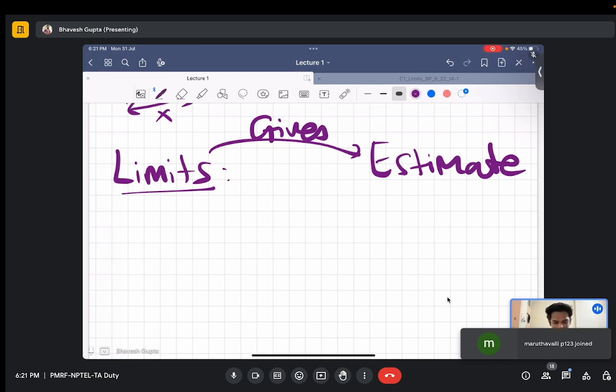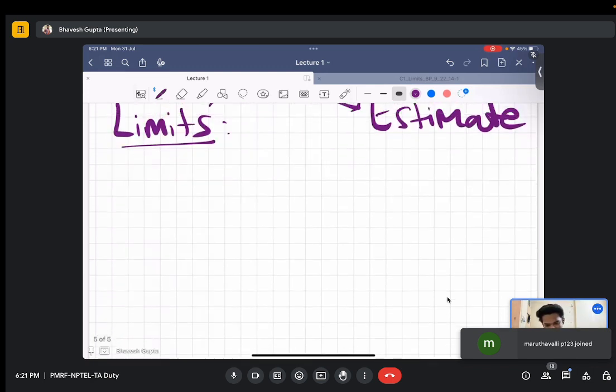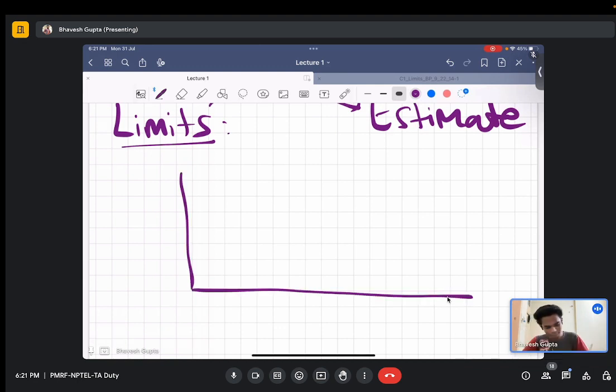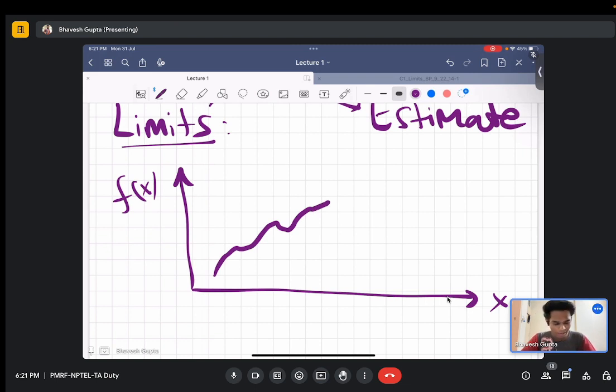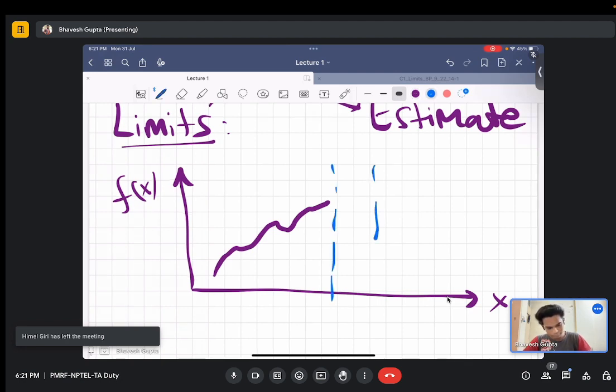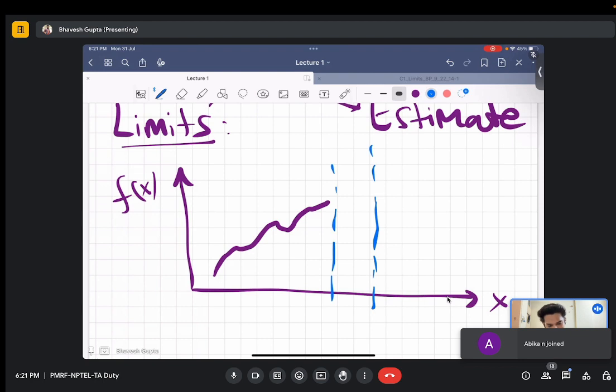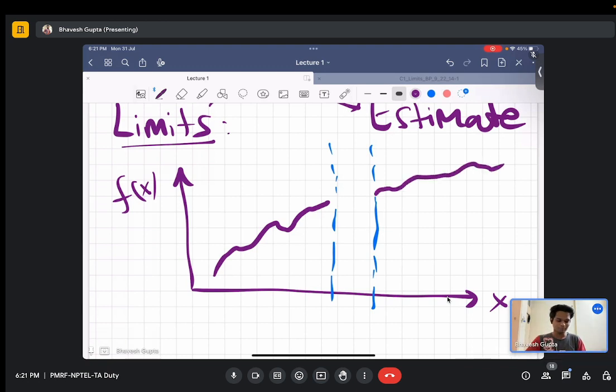For example, let's say I have a function like this. It was going in a smooth fashion, and somehow I'm unable to do the experiment for these particular values. Let's say my computer shut off. I don't know what happened to this computer. Then I had data for this. So can you estimate what happened here?